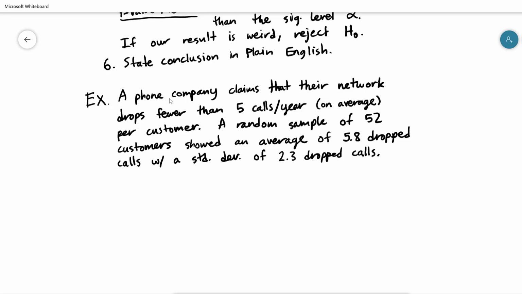So, they've made a claim that they drop fewer than 5 calls per year. Our evidence seems to indicate that they drop more than 5 calls per year. Is this strong enough evidence to basically refute their claim, to say, no, we think you're lying, your network drops more than 5 calls per year?